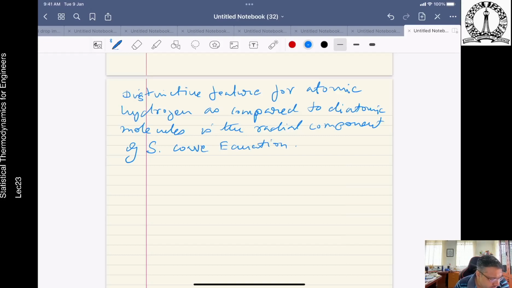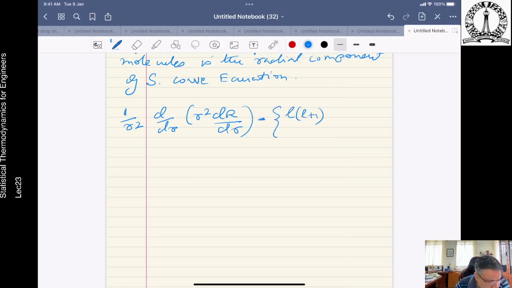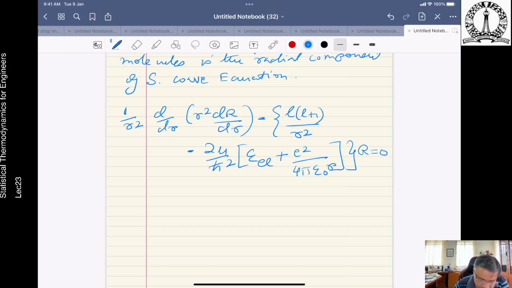So what was that? It is d by dr of r squared dR by dr, minus L into L plus 1 divided by r squared, minus 2 mu by h bar squared times the electronic energy plus e squared by r, is equal to 0.